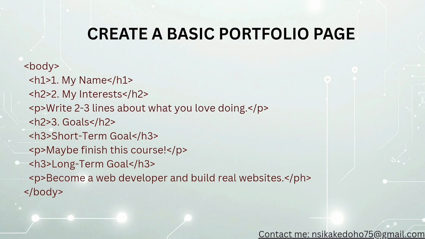Don't post it on my email. I don't want to see it. Email is only for important questions or collaborations. It contains the paragraph element which we'll use in our next lesson. Just try it out and watch over the next lesson how I'm going to use the paragraph and explain the paragraph element.